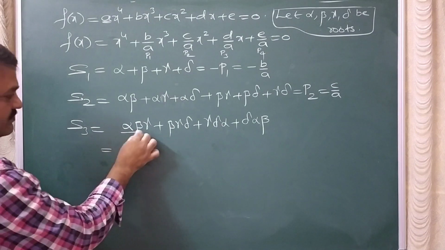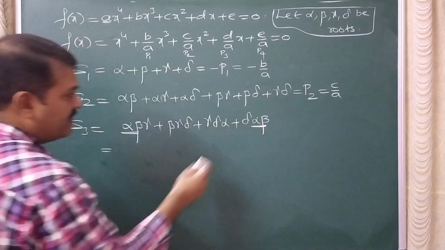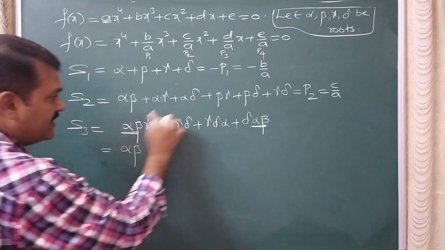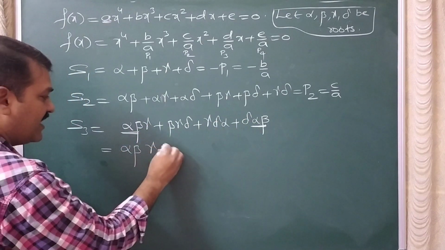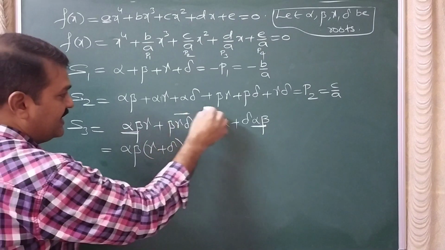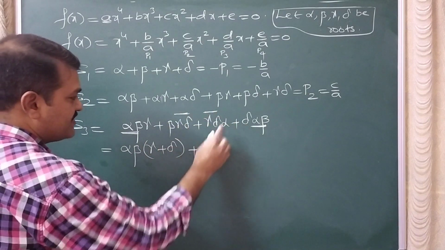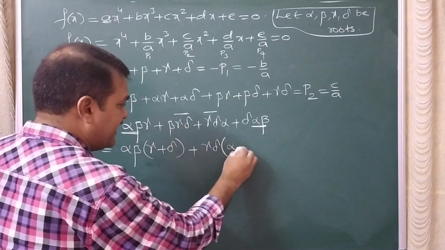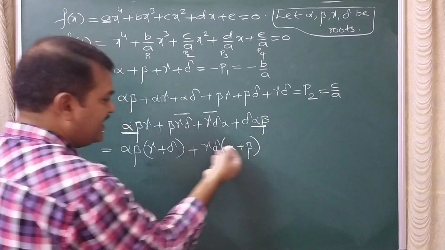Just observe. Take alpha beta common in these two terms: alpha beta into gamma plus delta. Take gamma delta common in these two terms: gamma delta common means alpha plus beta. So you can remember very easily like this.